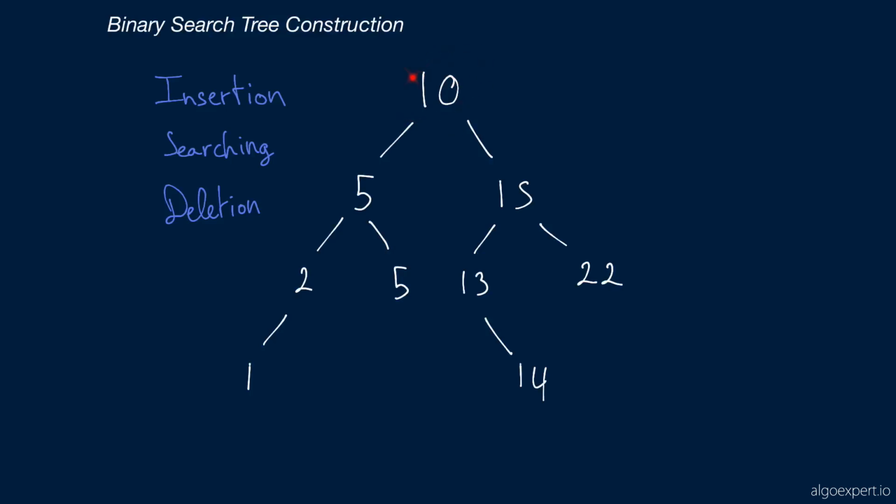The root node at the top, which has the value 10, satisfies the BST property if and only if its value is strictly greater than all the values of the nodes to its left, so all of these values here, and its value is less than or equal to the values of all the nodes to its right here.